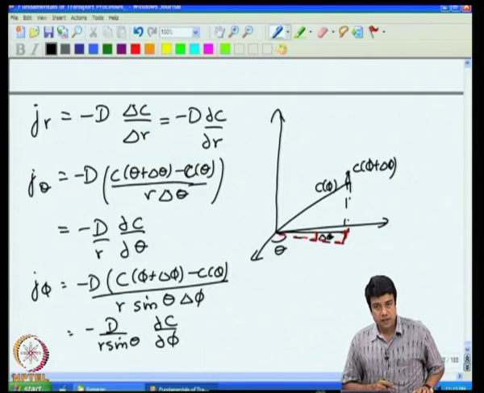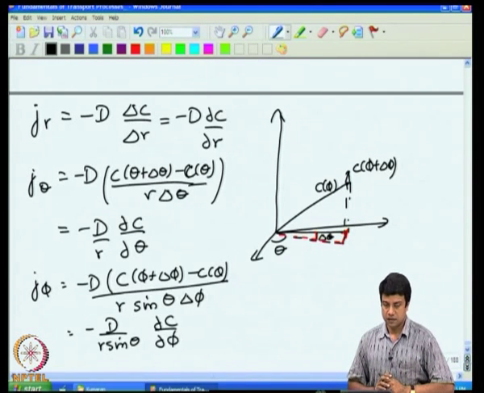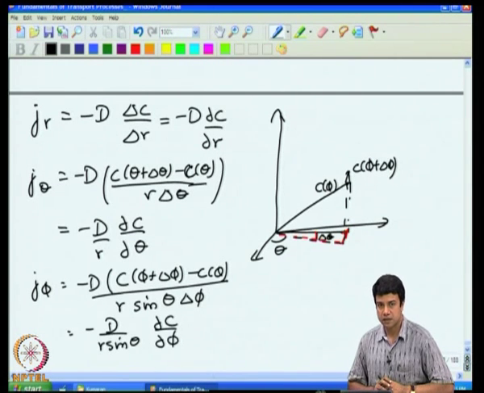Note that I cannot just write the flux as minus d times partial c by partial theta or minus d times partial c by partial phi. Flux has to have dimensions of a diffusion coefficient times concentration divided by distance. Theta and phi are angles, they are dimensionless.